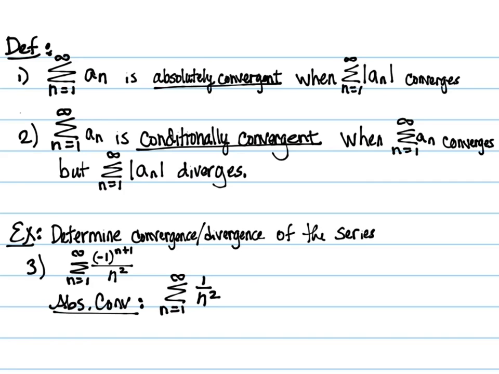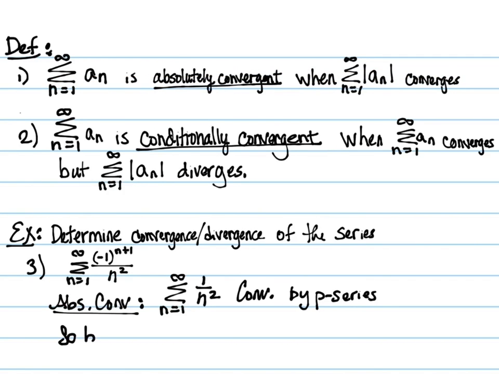Now, we actually know that this converges. And if you'll remember, it converges by the p-series test. So, according to our definition up here, because the absolute value right here converges, we know for sure that it's absolutely convergent.